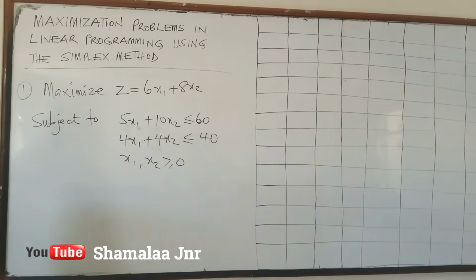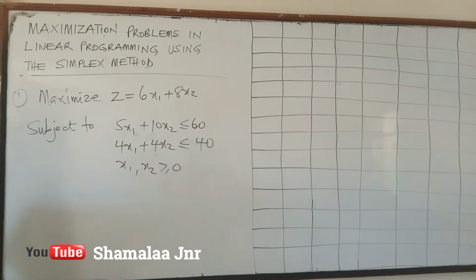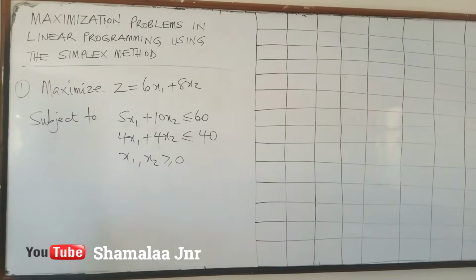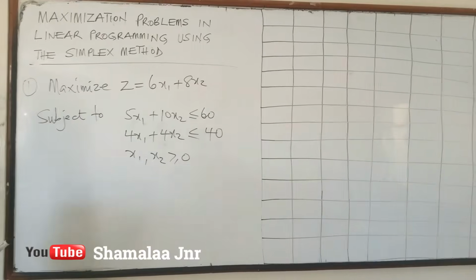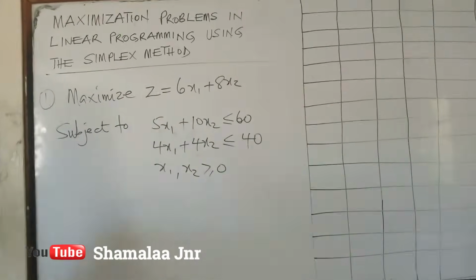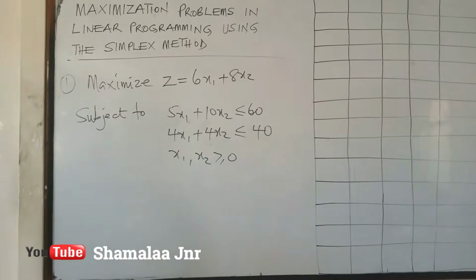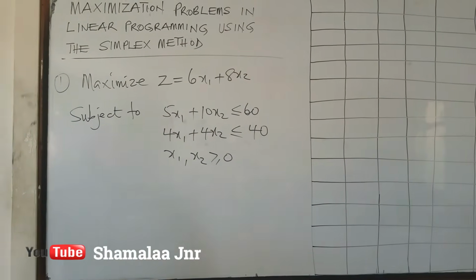Now, when a problem is given to you to solve, the first thing to do is to write the problem in standard form. So let's quickly write this problem in standard form.